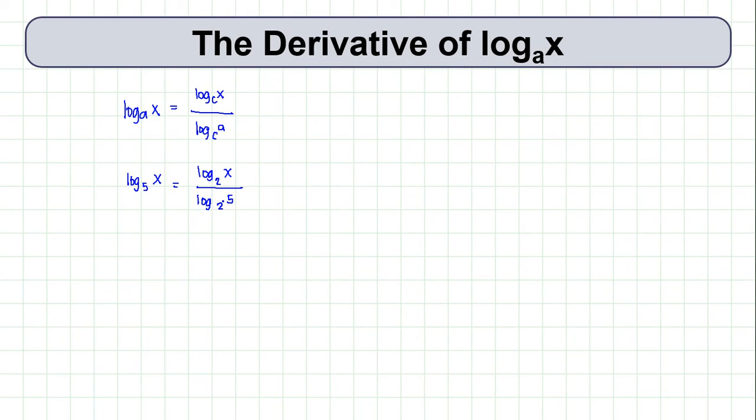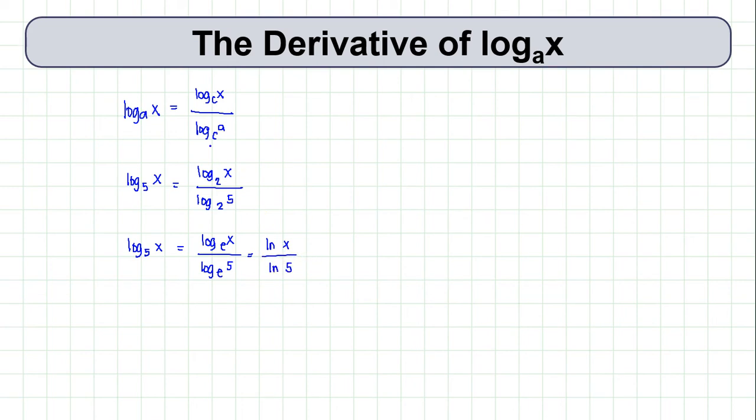At napakaganda kung ganito yung gagawin natin. Let's say log of x to the base 5 can be written as log of x to the base e over log of 5 to the base e, which can be also written as ln of x over ln of 5.